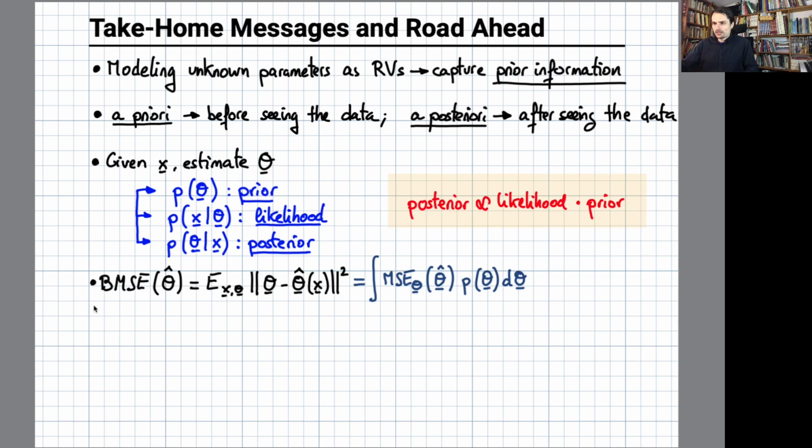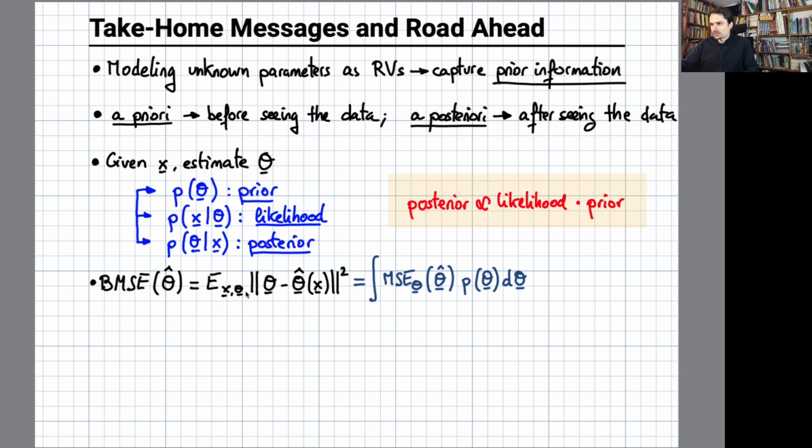And we started by saying that the MSE that we had before didn't qualify as a suitable performance metric for Bayesian estimation. So we had to introduce a new metric that we call the BMSE, Bayesian mean square error.